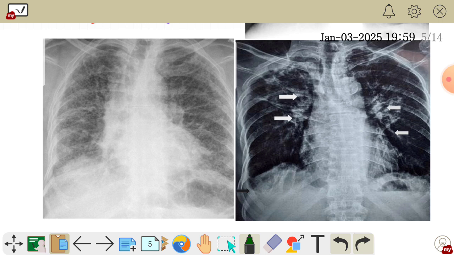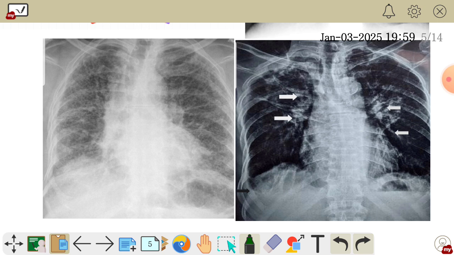So here we are going to have reticular consolidations, where we have an appearance which looks like a form of a net. So we are going to have something which looks like a ground glass appearance.